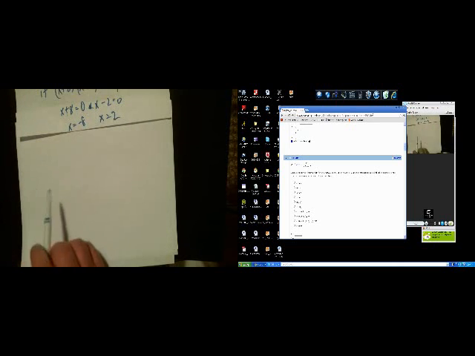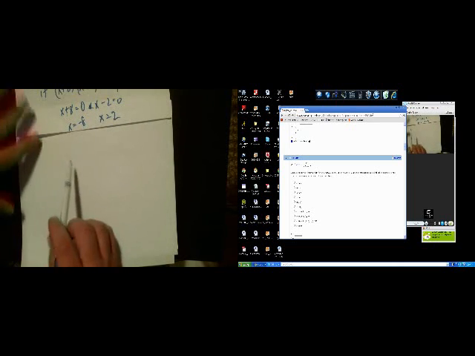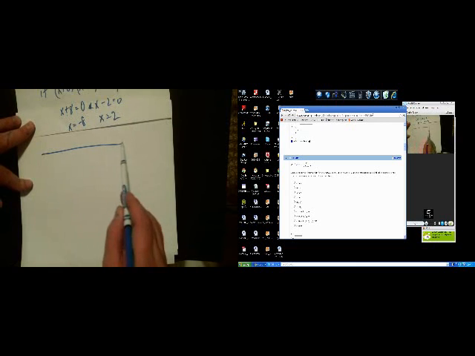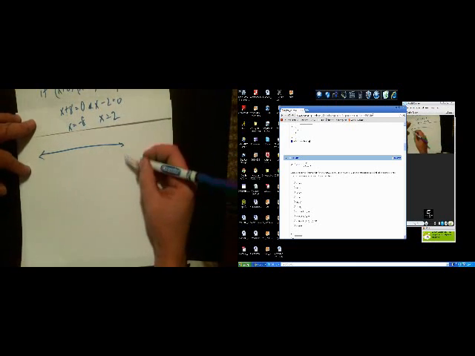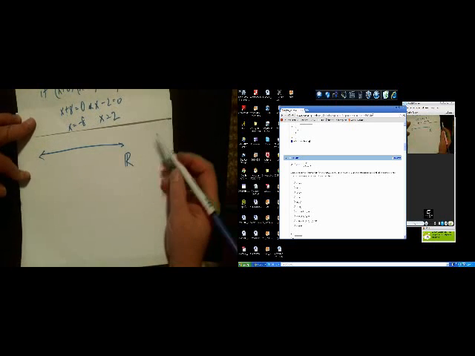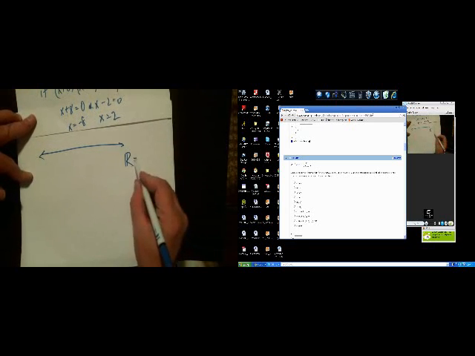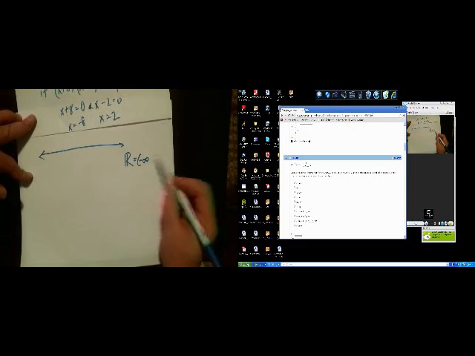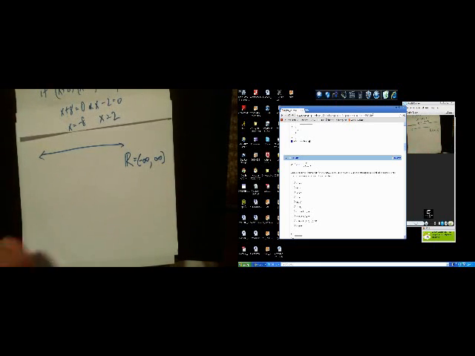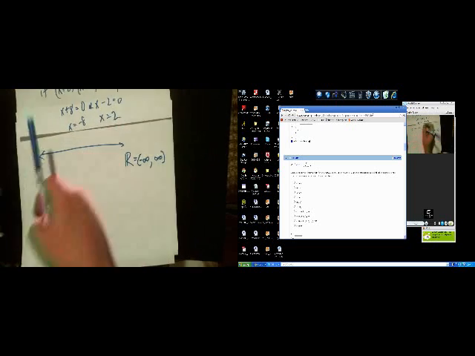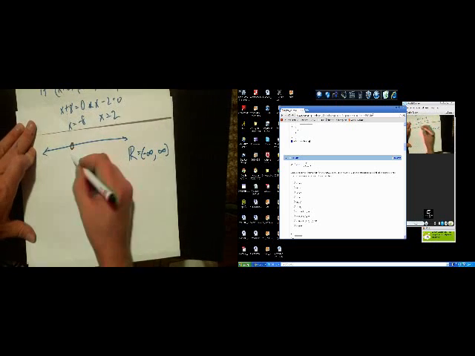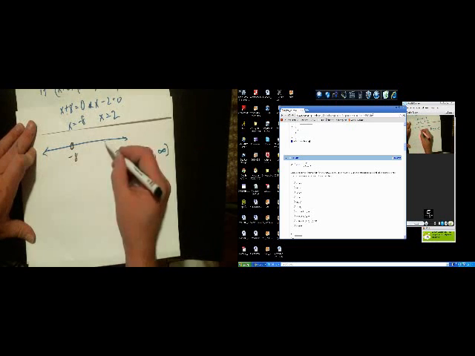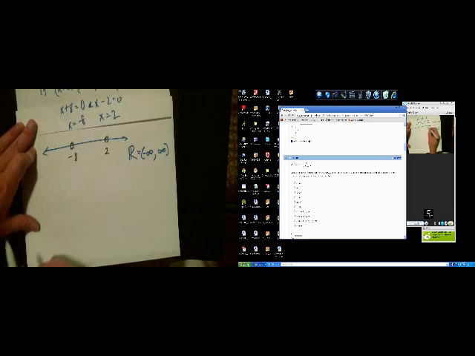Well, let's look at the domain first. We take the whole real line. That is abbreviated like that. You would also say this is all the numbers from negative infinity to infinity, and you use parentheses like that. Now we are deleting negative 8 and we're deleting 2.